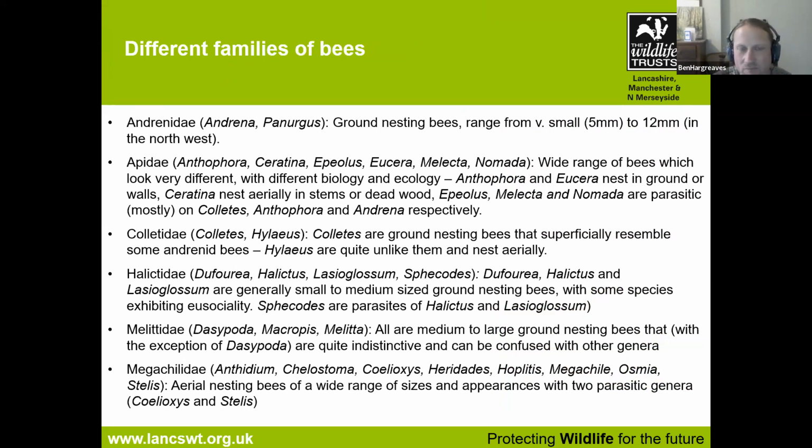Colletidae, which are the more primitive bees, which we'll explain later. Halictidae, which include some very similar bees. They do exhibit eusociality, which is a bit different, and one parasitic genus. Melittidae, which are quite indistinctive, quite limited in our region. And Megachilidae, which include some of the more familiar solitary bees.